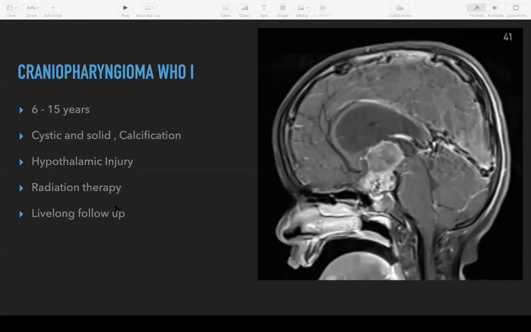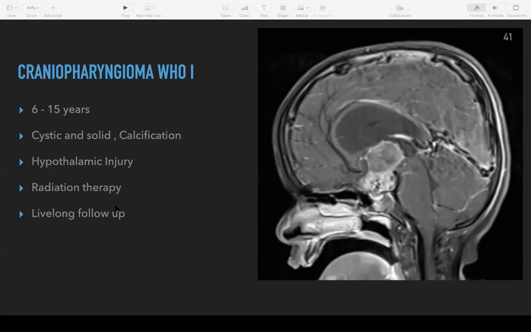Why? God forbid, if hypothalamic injury occurs during surgical intervention, and the more radical the resection you do, the higher the risk of hypothalamic injury. Hypothalamic injury will devastate the patient's life.